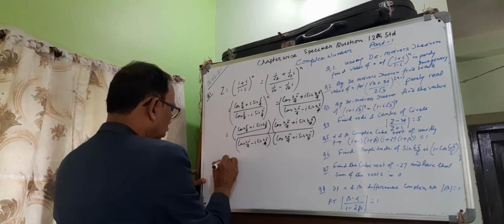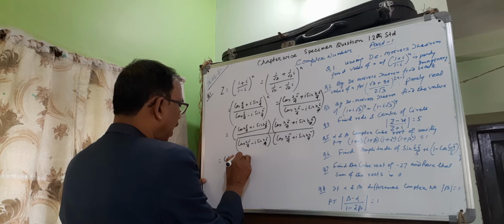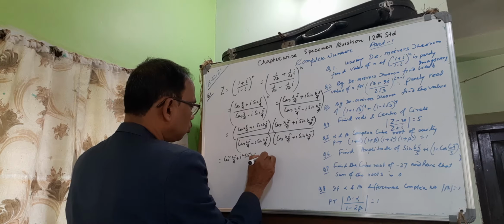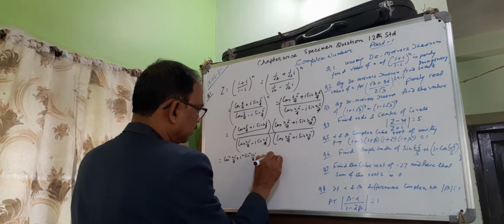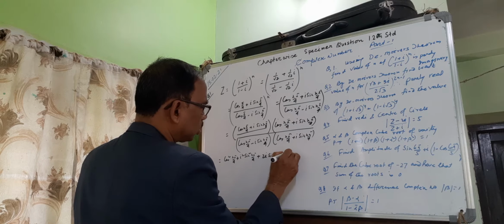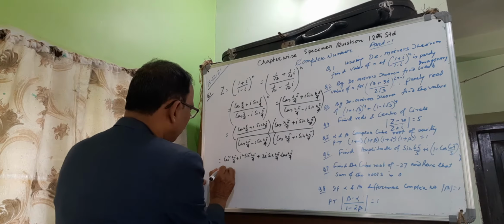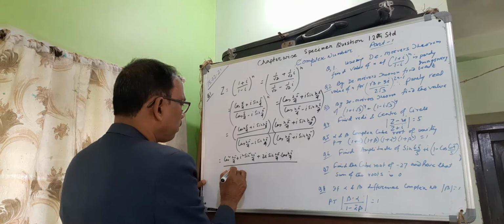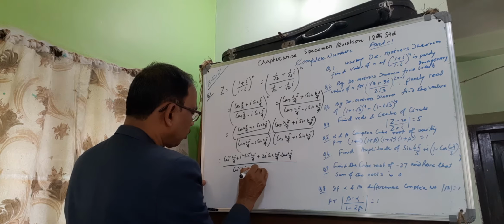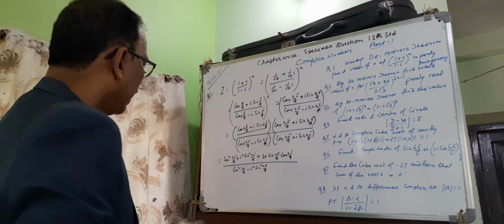That is cos square n pi by 4 plus i square sin square n pi by 4 plus 2i sin n pi by 4 into cos n pi by 4. That is (a plus b) whole square, a square plus b square plus 2ab, over a minus b times a plus b, that is a square minus b square. That is cos square n pi by 4 minus i square sin square n pi by 4.